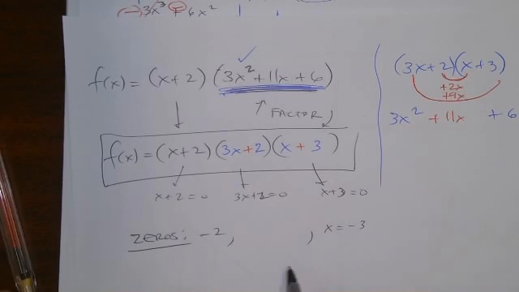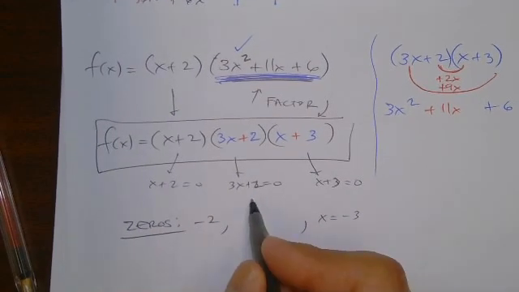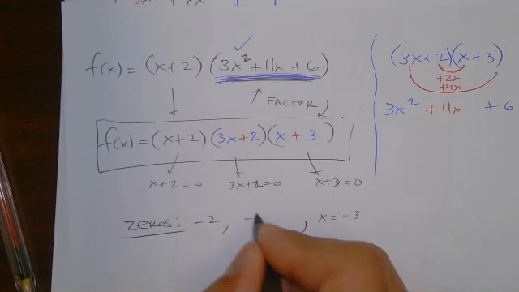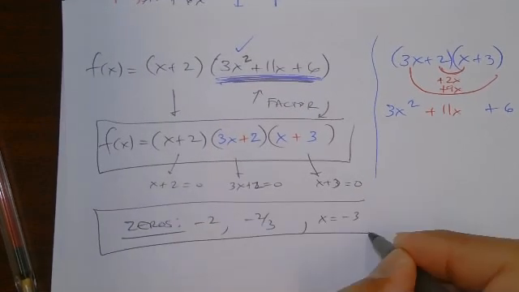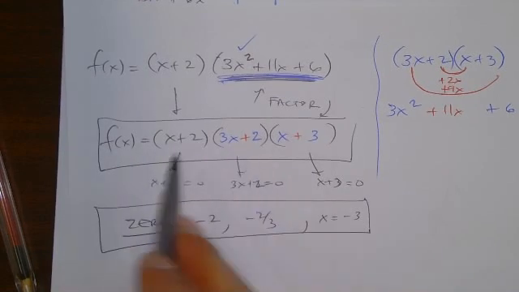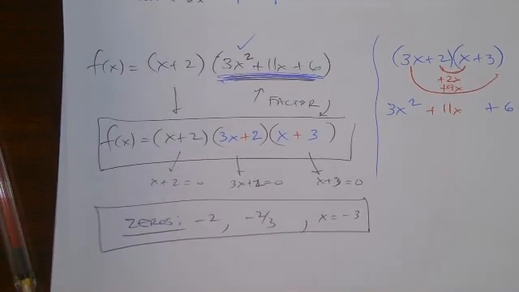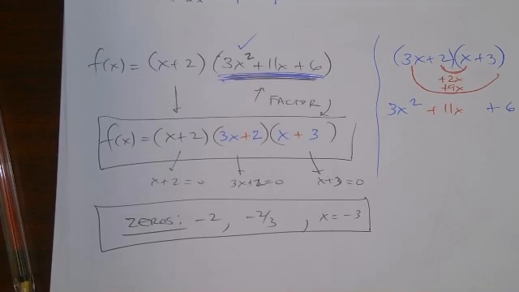And I know this last one, when I move it over, it's going to be negative 3. And this one's going to be negative 2/3, right? There's the second part of the task for this problem. Once you have them factored or as a product of factors, you can easily find the zeros, right?